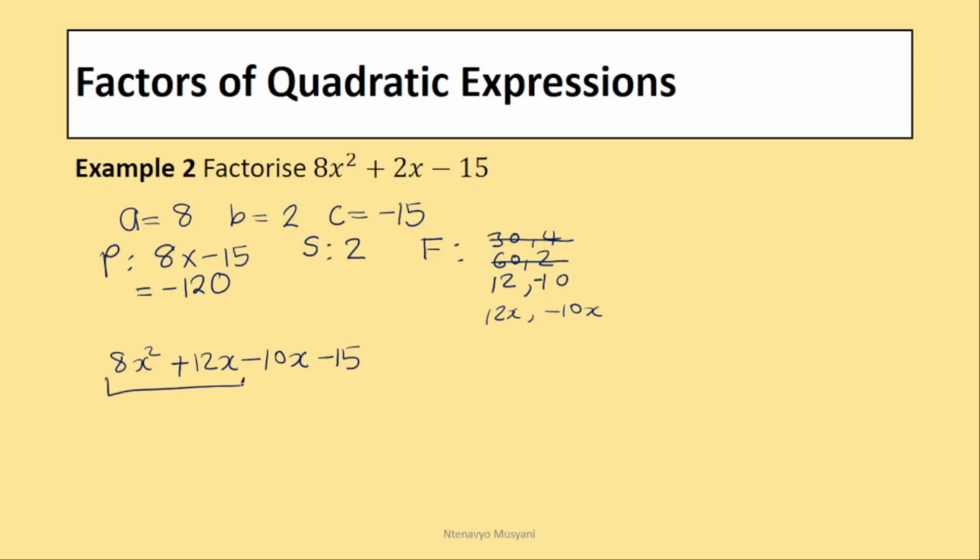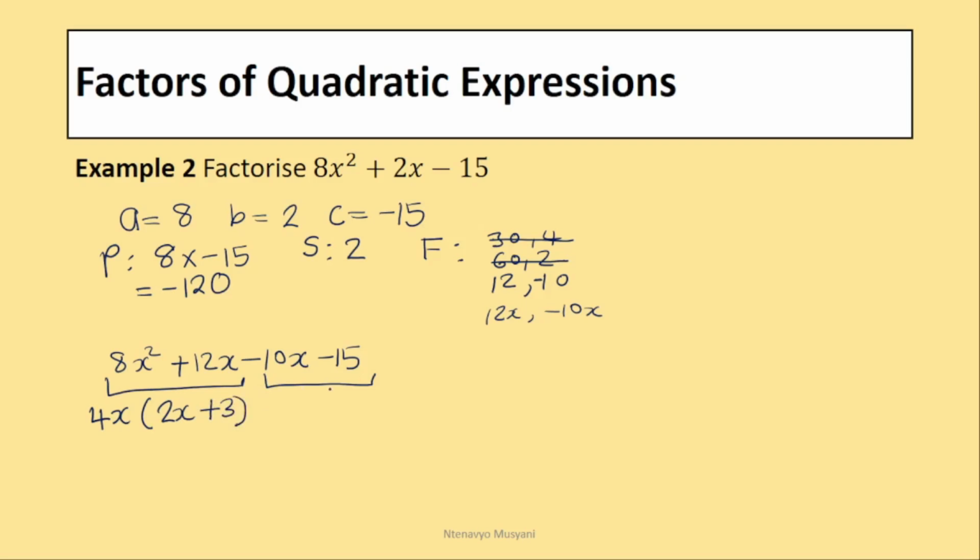These two pairs have something in common. This pair has something in common. The second pair has something in common. 4 is a common factor, as well as x. 8x squared divided by 4x will give me 2x. Positive 12x divided by 4x gives me positive 3.